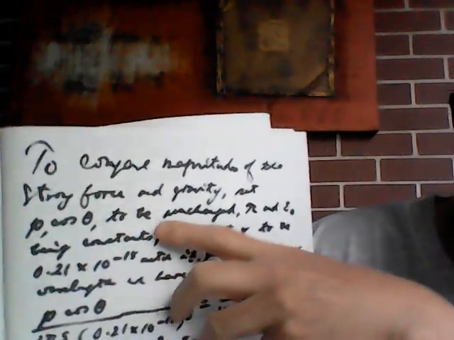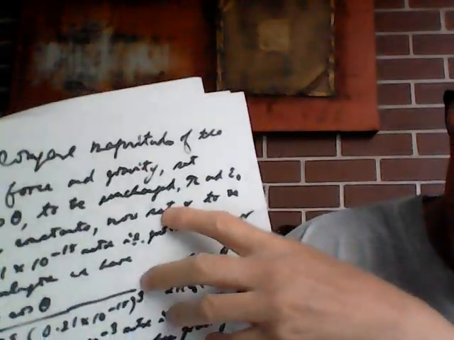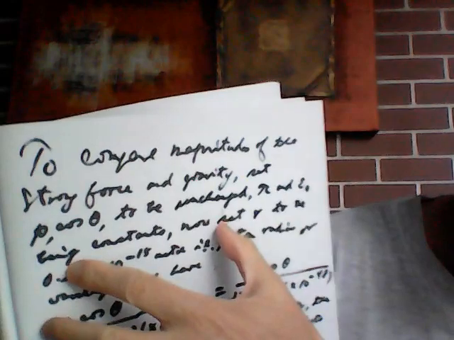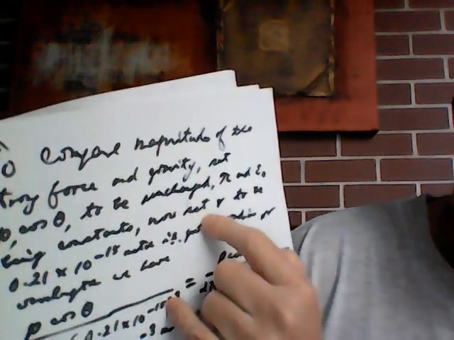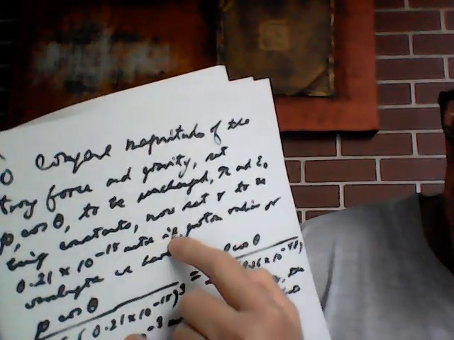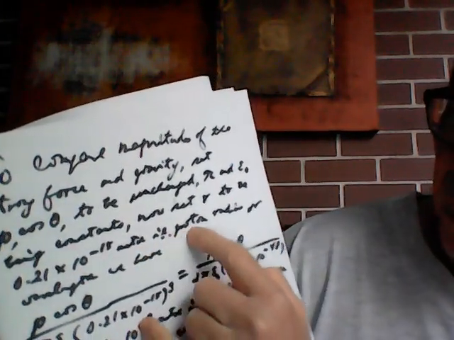Now to compare the magnitudes of the strong force and gravity, set P cosine theta to be unchanged, and pi and epsilon naught are of course constants. Now set R to 0.21 times 10 to the power minus 15 meters. This is the reputed wavelength radius of the proton.